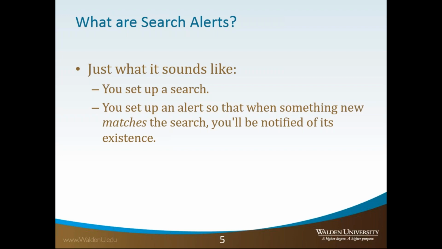I'll go ahead and address that. It's just what it sounds like. You do a search in a database, or we're going to show you, you can also do this in Google Scholar, which really, I mean, technically it's a database too.